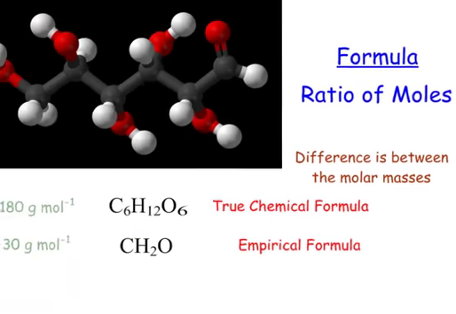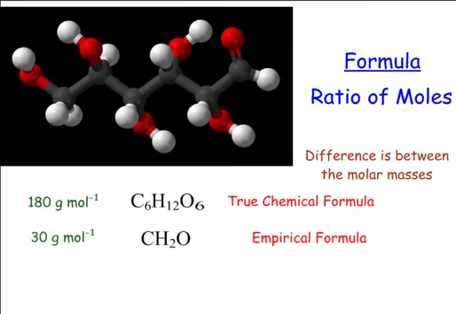Glucose, as a chemical formula, which is true, has 180 grams per mole. The simplest ratio of those moles is only 30 grams per mole. The true formula is 6 times as great because we have 6 times the number of moles. And so that is the difference between an empirical formula, the simplest, and the true formula, what it really is.